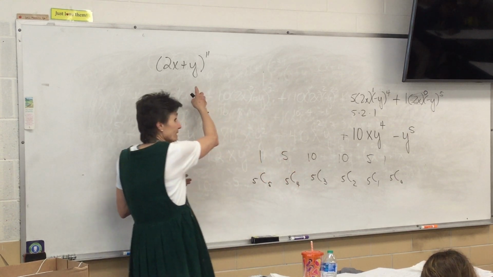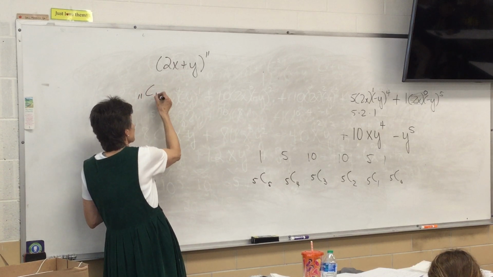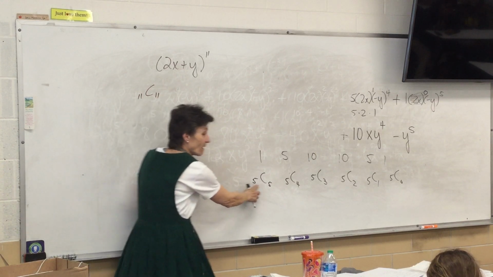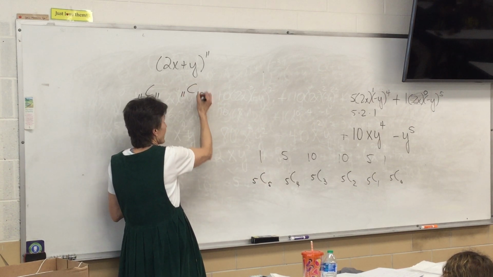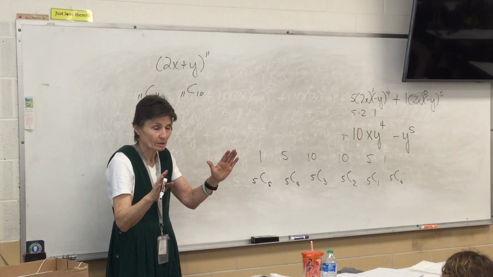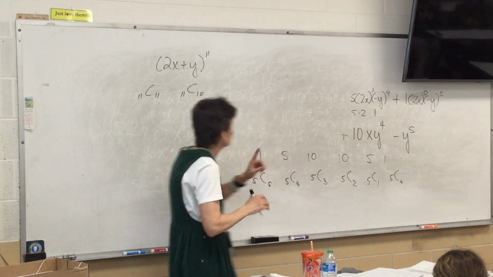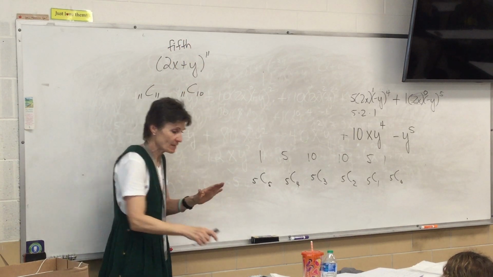So if I'm expanding to the 11th, the first number would be 11C11, just like this was 5C5. The next one will be 11C10, and so on. Don't find them all. We don't want them all. We want the 5th term. So let's count on our fingers.